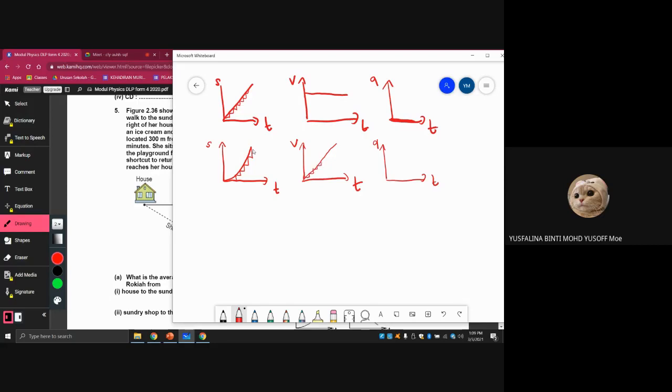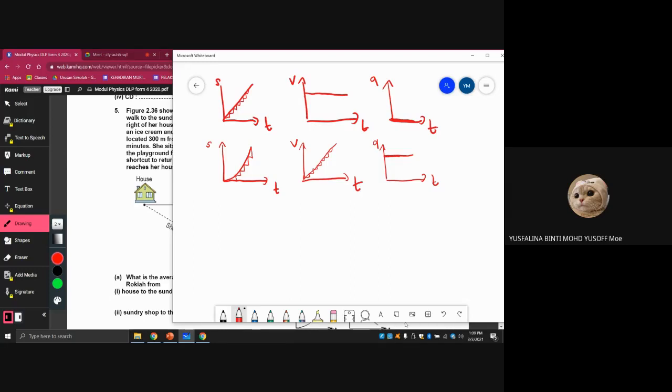When you draw a triangle here, you can see the size of the triangle is the same, means the gradient is also the same. And you already know the gradient of the velocity against time is equal to the acceleration. So if I draw the graph, the line should be like this. It's constant. Since the size of the triangle is the same, the acceleration also should be the same, so it should be constant like this.